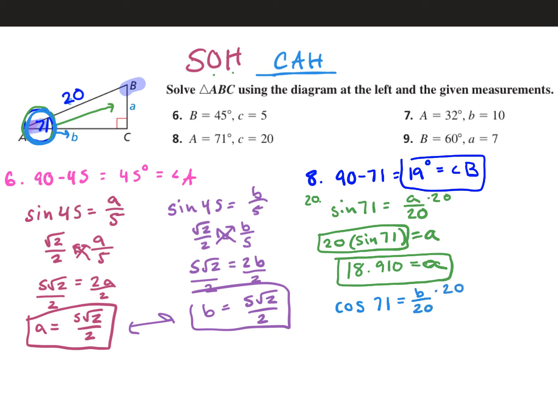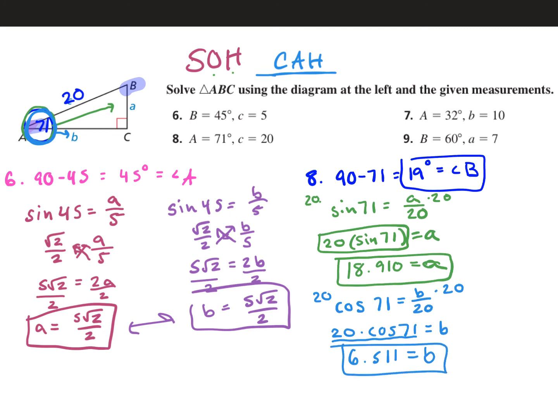Multiply both sides by 20 because we're trying to solve for B. So 20 times cosine of 71 is equal to B. And I would just put this into my calculator. So cosine of 71 times 20 gives me 6.511.